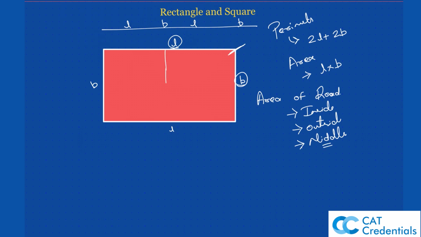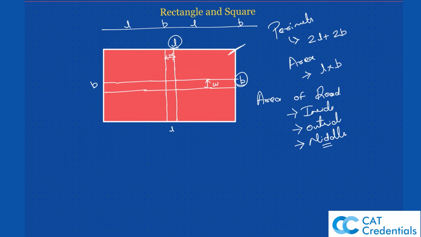So I construct the road parallel to the breadth, something like this, exactly here, and I construct the road here as well inside this. Now this road has a uniform width, which means it is W everywhere. What is W? It could be any value that is given to you. So you have a length, a breadth, and a width that is given to you.